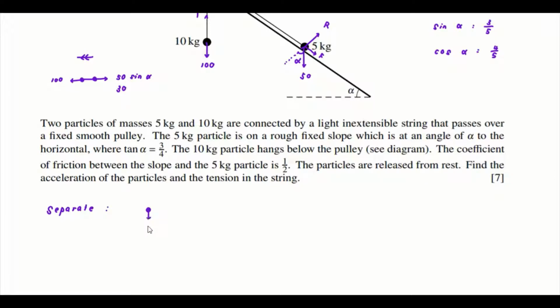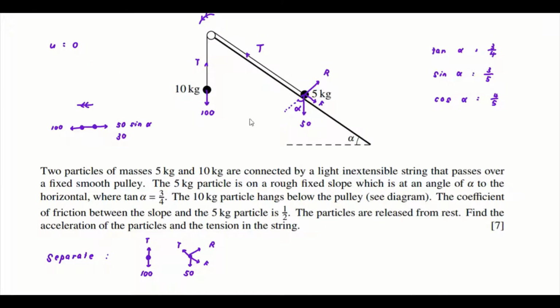It's going to be 100 going down, then we have this tension going up. For the other one, we have 50 here, then we have R, and then we have friction. Sorry, I forgot one more: on the same surface, we have the tension.